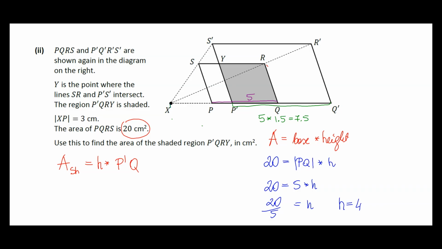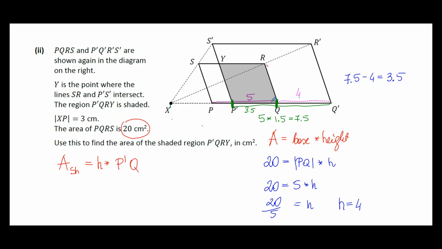This part here, from the first part, we know is 4. So if from all of that, which is 7.5, we take away 4, 7.5 minus 4 leaves us with 3.5. So this bit here, from here to here, is the one that we were missing. That's my 3.5. Again, how did we find all of that?